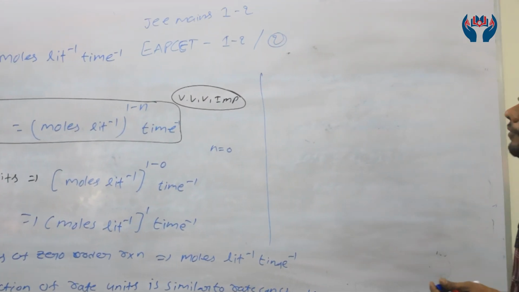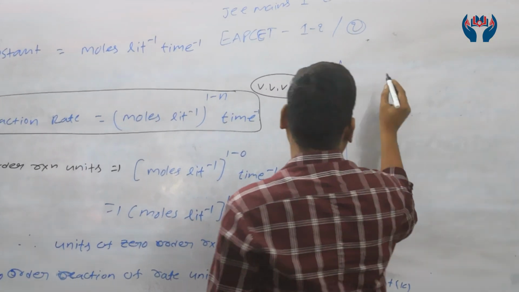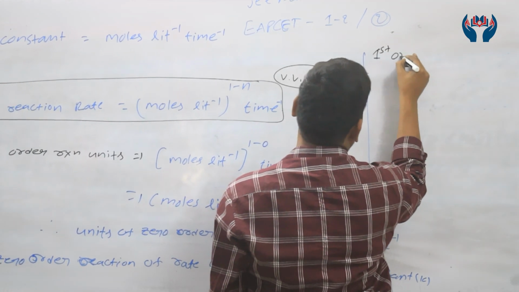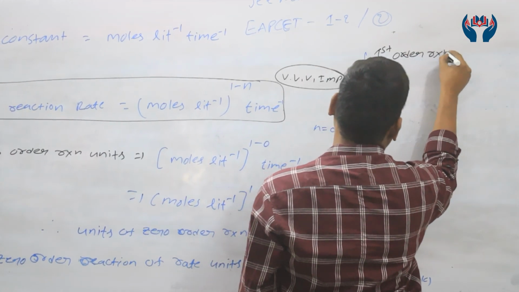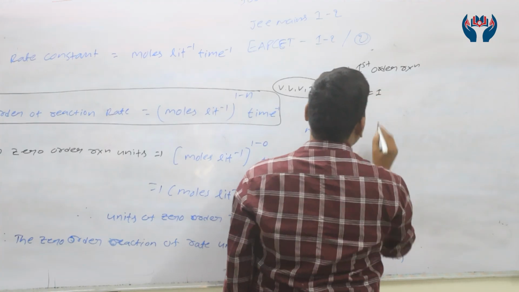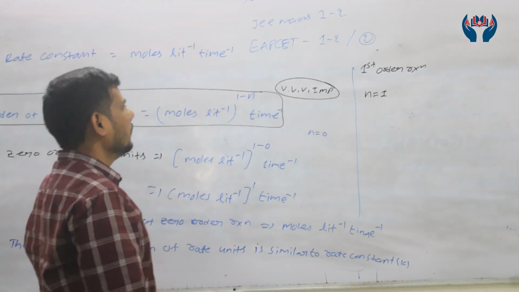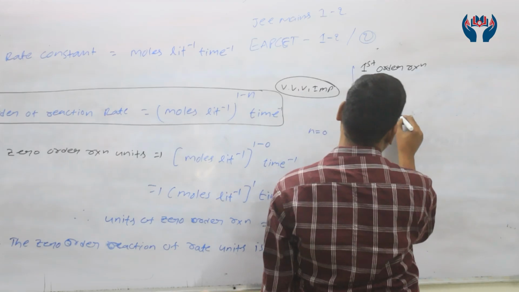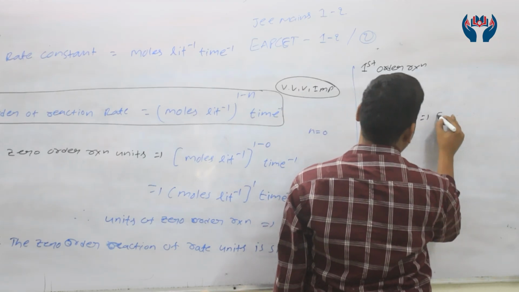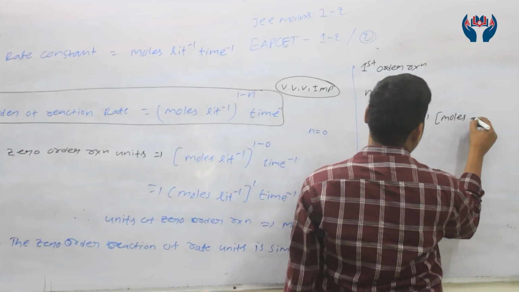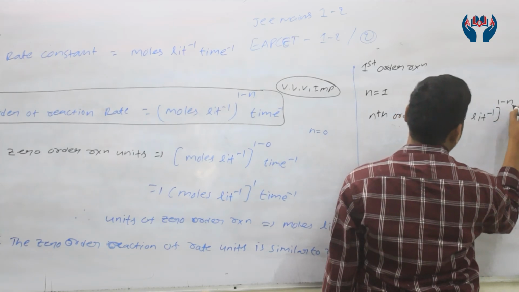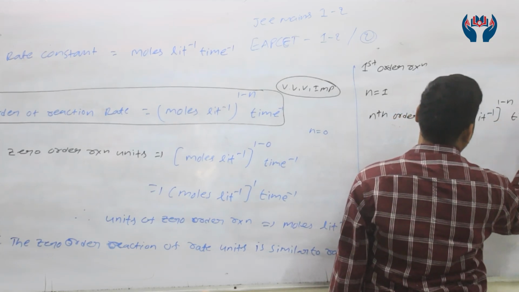Then, for example, n equal to 1, first order. What are the units of a first order reaction? First order reaction means n equal to 1. Substitute in the nth order units. The nth order units equal moles per liter to the power 1 minus n per time.